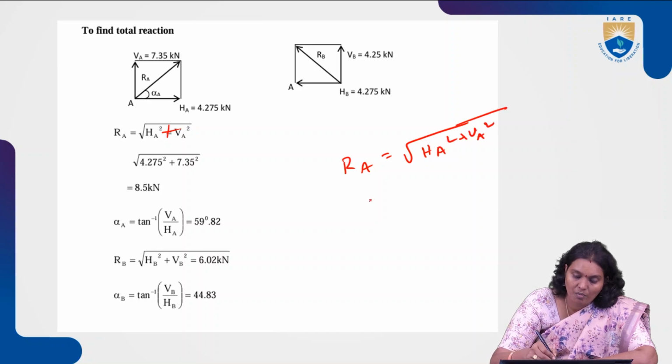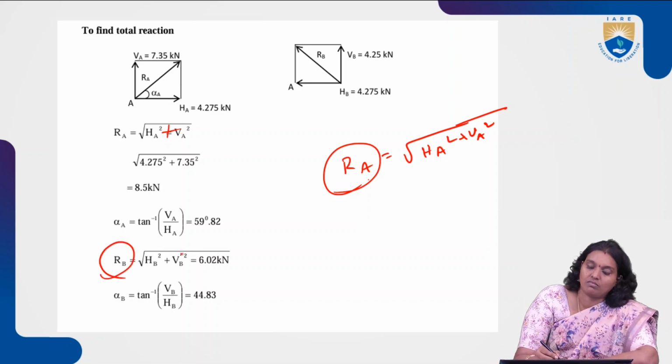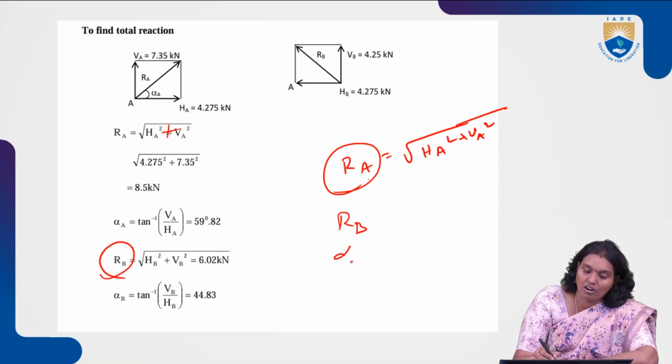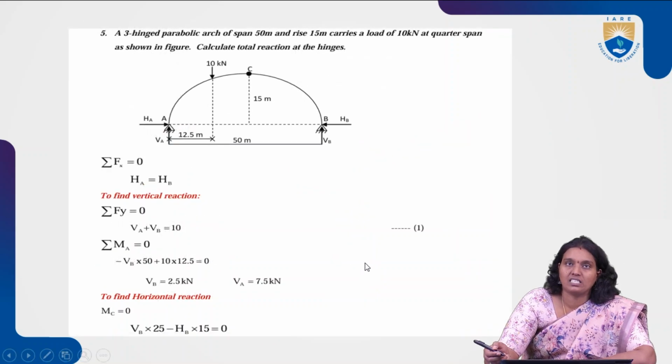Using this formula we find out the total reaction at A and how much angle it makes, and also the overall reaction at B and alpha at B, using the conditions.